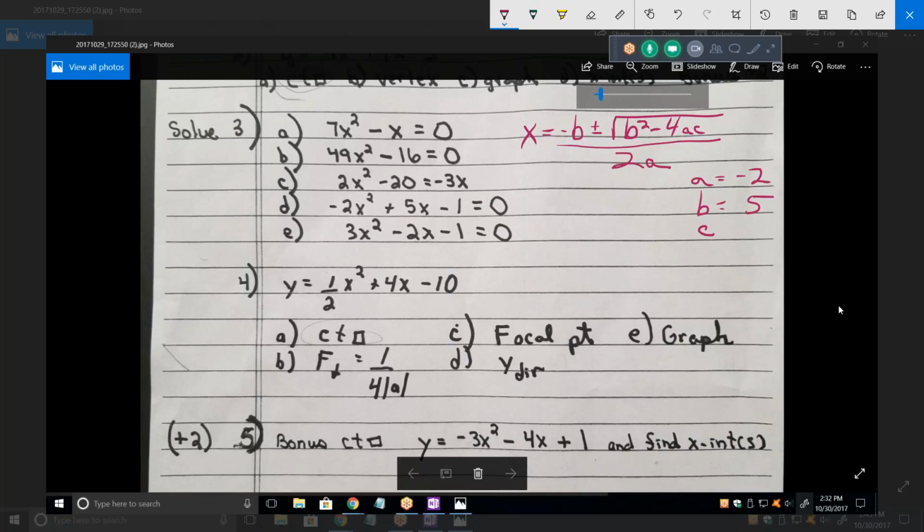And C is negative 1. And now substitute. So we get negative 5 plus or minus the square root of 5 squared minus 4 parentheses negative 2 parentheses negative 1, and all over 2 parentheses negative 2. That's negative 4. Simplify what's inside the radical.